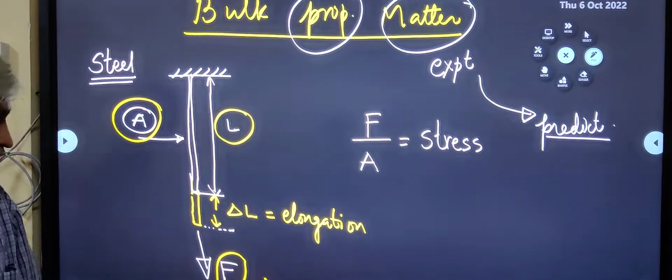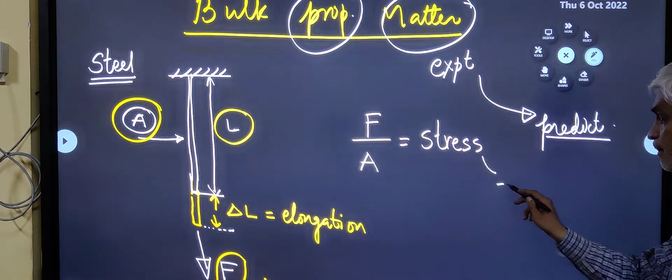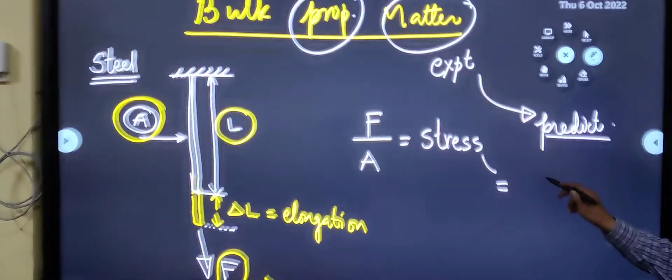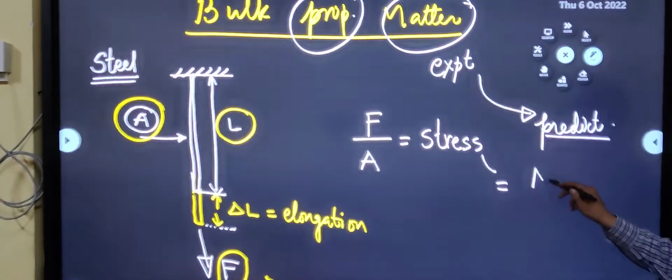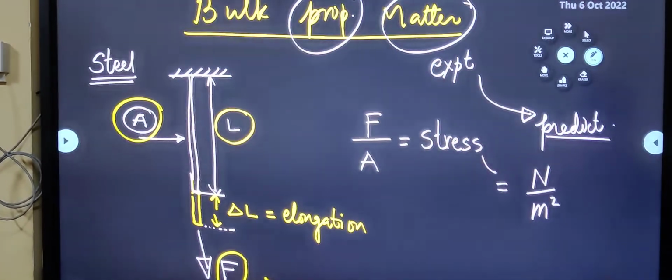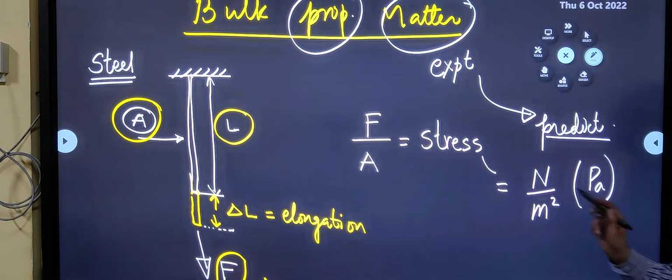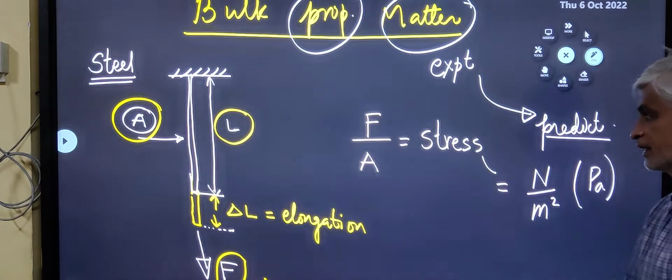Up front, it's very important to write down the unit of stress. The unit of stress is Newton per meter square, or you know that one calls Newton per meter square as Pascal. So this is the first thing that we have noted down. Stress is force by area.